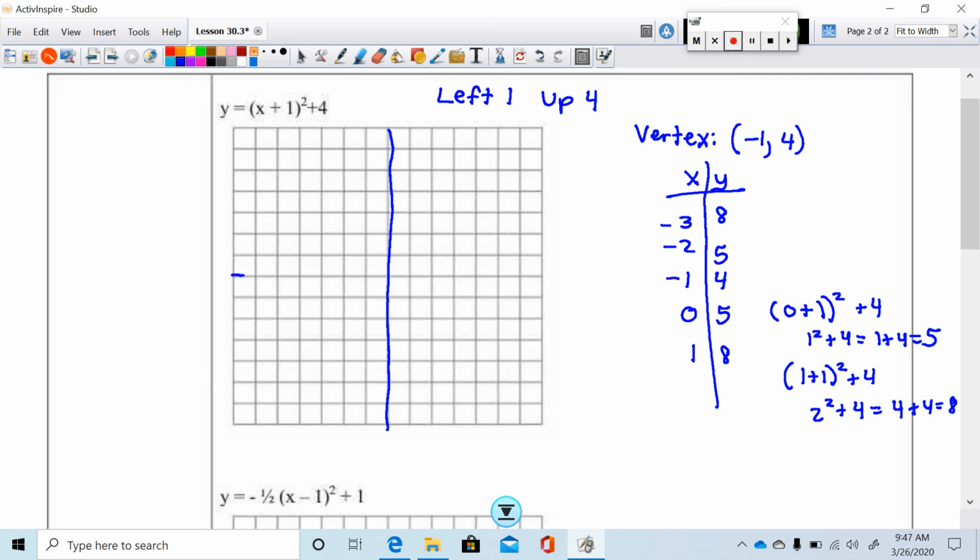Okay, I'm going to graph that. I need to make these in increments of 2. Negative 3, 8. So if I'm counting by 2s, negative 3 is here, and then 2, 4, 6, 8 right here. Negative 2, 5, negative 2, and then 2, 4, 5.